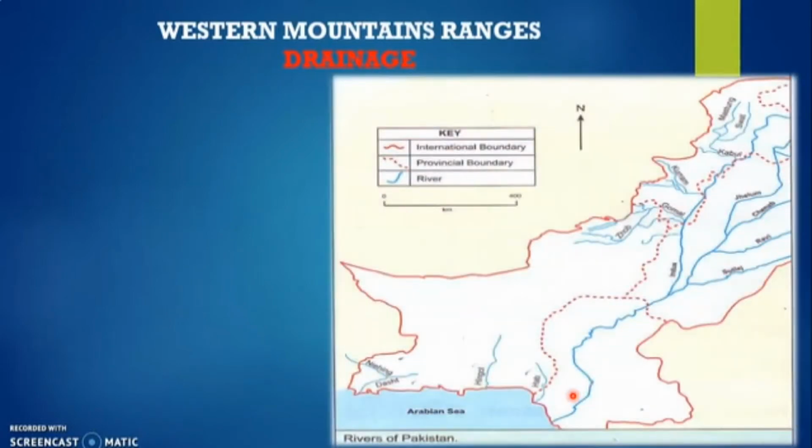So moving towards the drainage related to that, because we discussed the relief of it, now we are going to discuss the drainage. The same river over here, but this time we are going to discuss the western areas, or the western mountain ranges, related with the drainage of these mountain ranges.